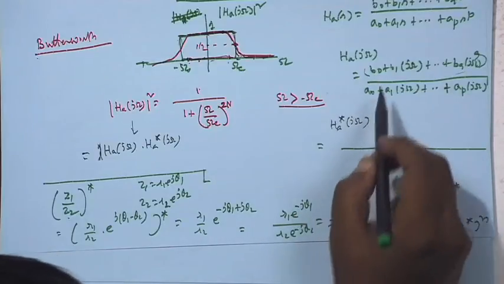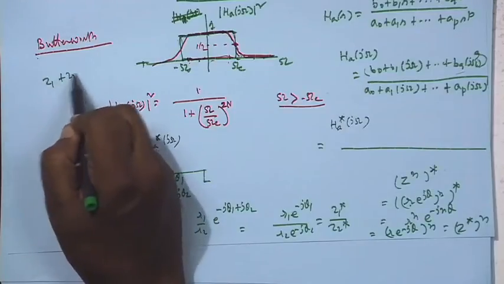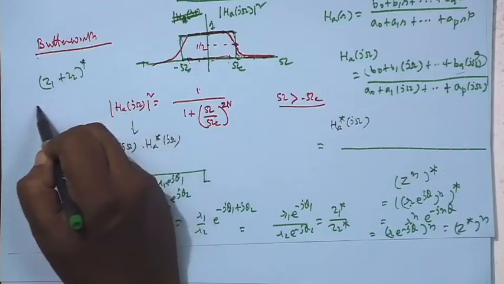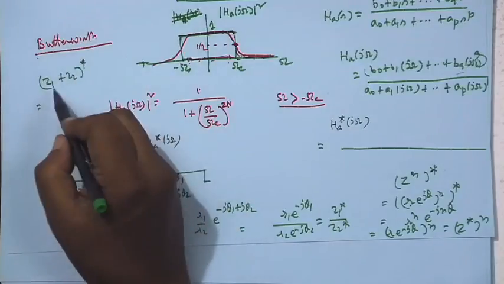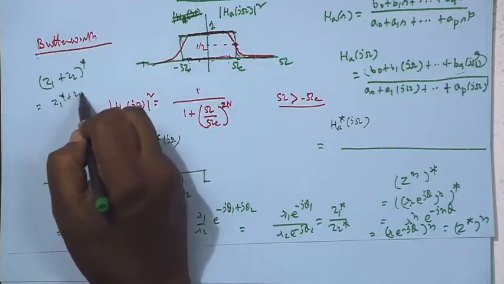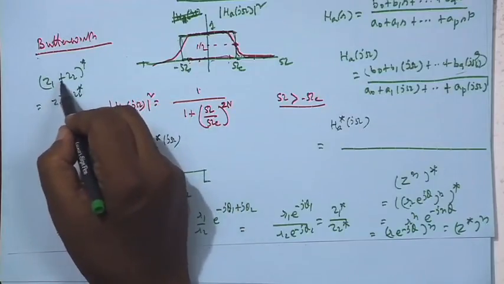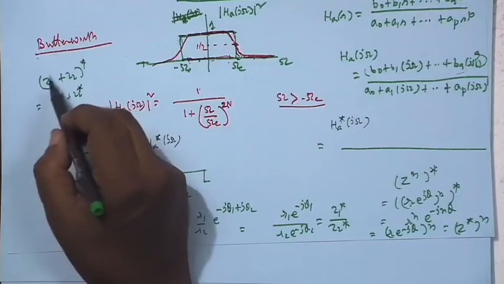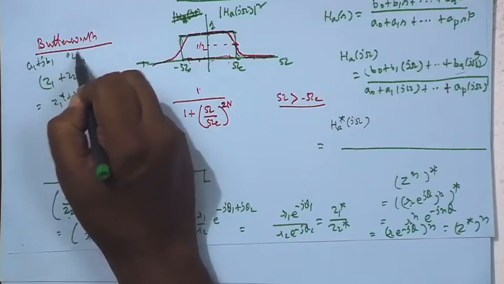So the conjugate of a summation, z 1 plus z 2 star, is the same as z 1 star plus z 2 star. How to show that? It is very easy. Whenever you have plus or minus, go for the rectangular form, that is z 1 is a 1 plus j b 1, z 2 is a 2 plus j b 2.